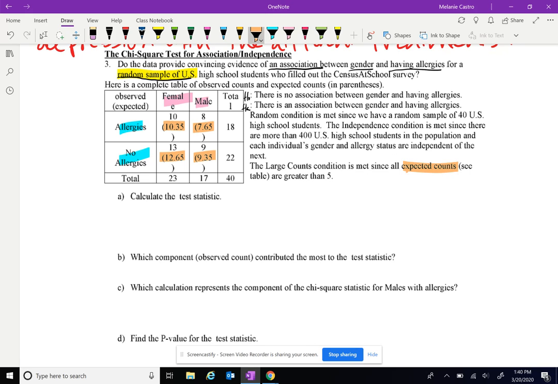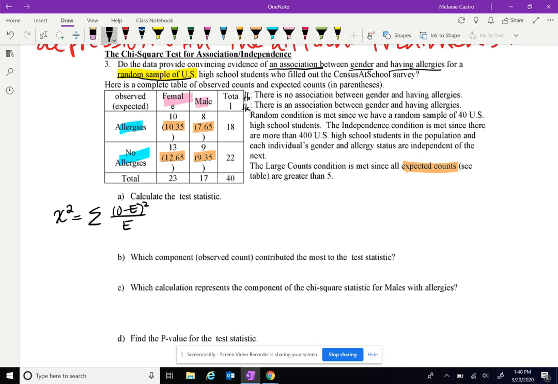All right, now we're going to look at calculating the chi-squared test. So if you remember your formula, the chi-squared test statistic in this chapter should be the sum of all of your O minus E squared divided by your E's.